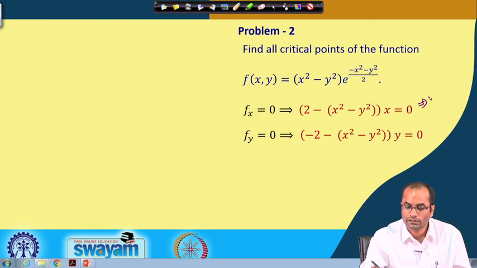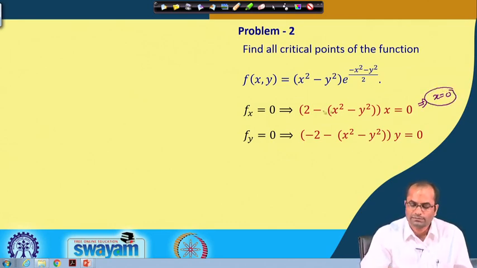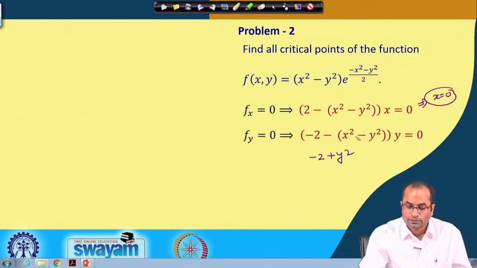From this first equation, if we take x equal to 0, irrespective of y, this f_x will be 0, and if we take x equal to 0, in this case we will get −2 and then plus this y². So, this x is 0 and then we have y equal to 0.